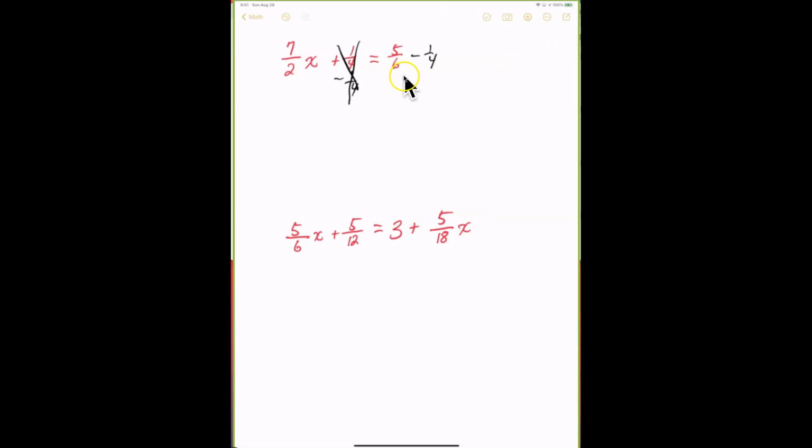And then for 5/6 minus 1/4, we need to find a least common denominator. So let's very quickly do a prime factorization. 6 becomes 2 and 3, 4 becomes 2 and 2. Let's neaten that up just a pinch.